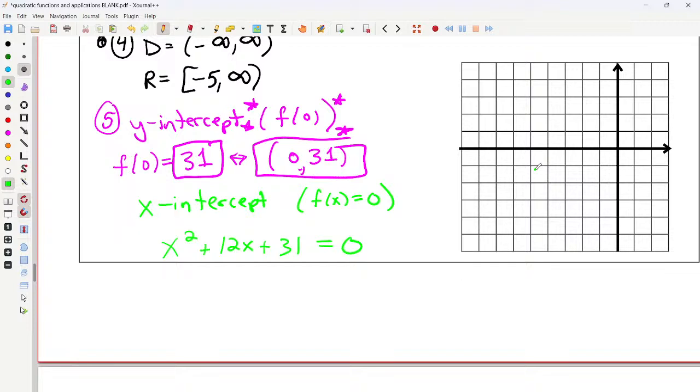And now we have an equation to solve, which we'll use the quadratic formula for.